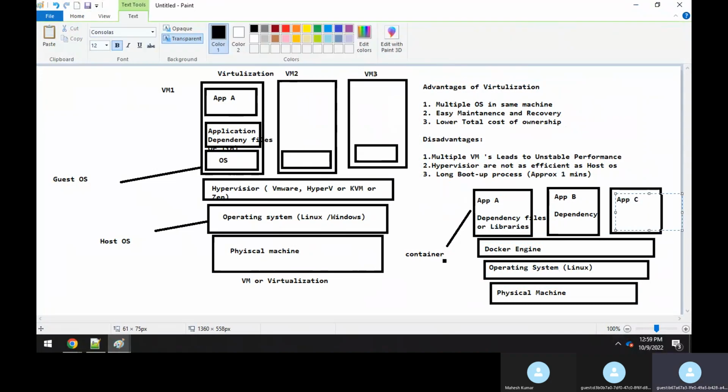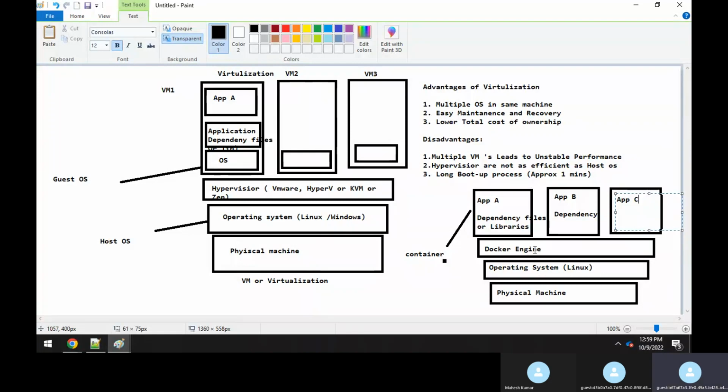Because virtualization is a very old technique, later we came across container technology, which the Docker community developed in such a way that you can create a container. Here the base operating system, or host operating system, is the same.